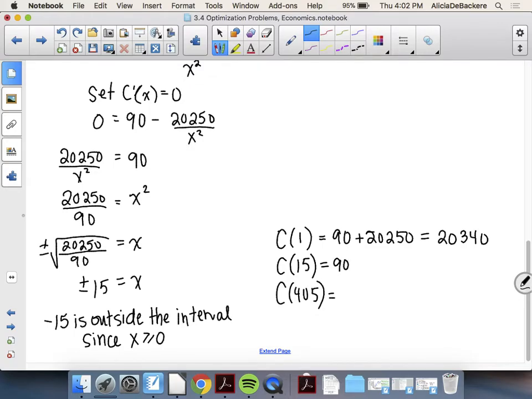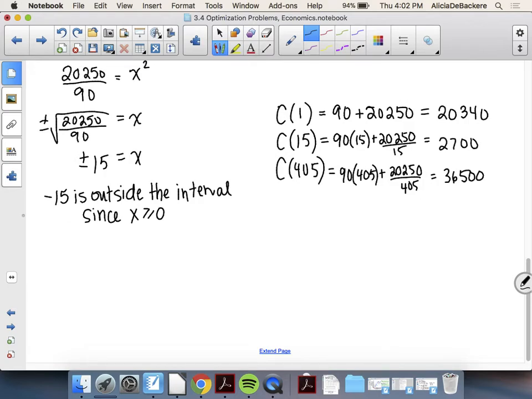So next I'm going to do 90 times 15 plus. And I can see there that my minimum cost is given when the shape of the lot has 15 for the x.